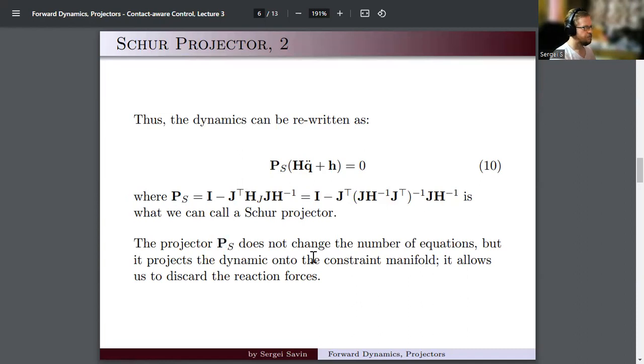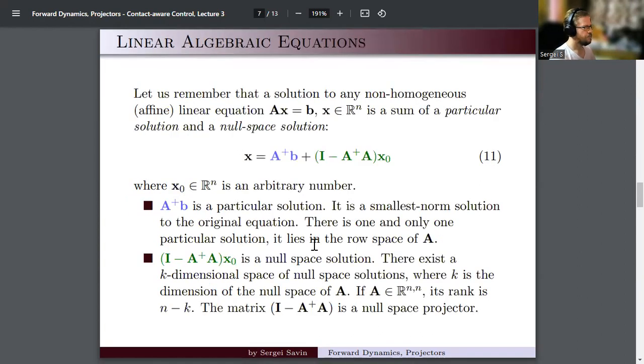All right. Now, before we continue, let us do a little bit of remembering of linear algebra. It's just one slide.